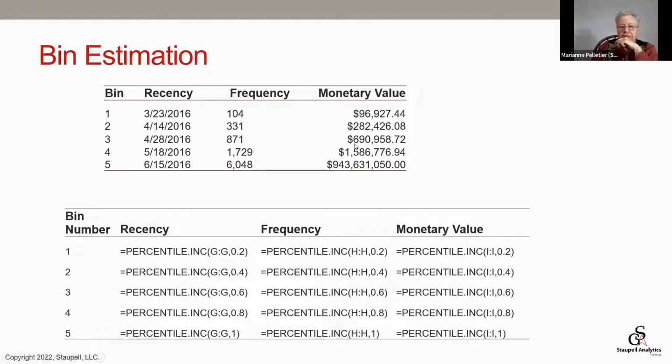And monetary, on this sheet, it was column I. So you're going to have to figure out what your columns are. And here's my bin number. Now I've estimated my bins, and I have a lot of information about who my best donors are. Do we have questions or comments right now? We don't have time for you to do it with us.